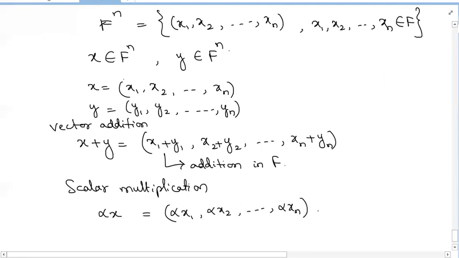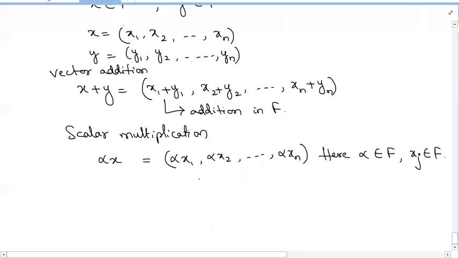Here alpha is in F, and the xj's are also in F, right? So in F we have a multiplication. So alpha x1, alpha x2 are the scalar multiplication in F only. So this is understood.